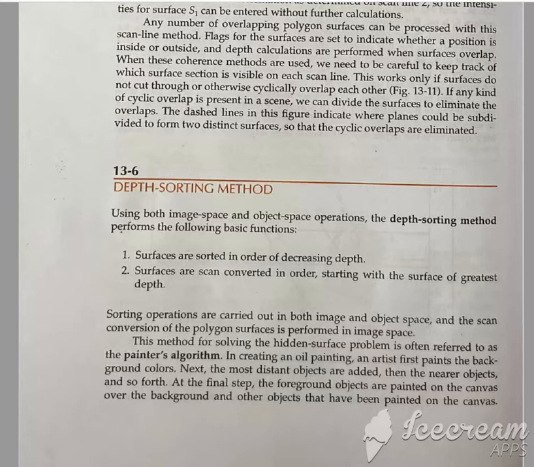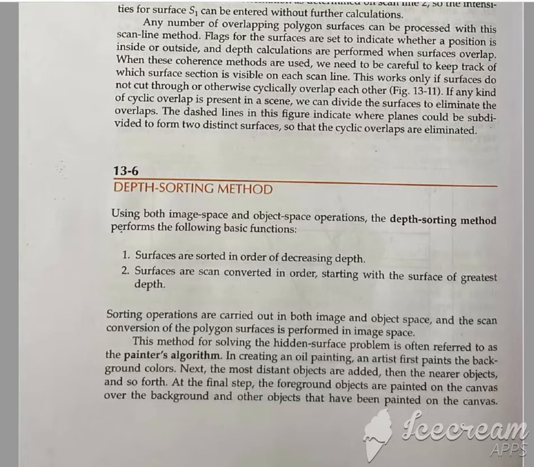Each layer of paint covers up the previous layer. Similarly, we sort surfaces according to their distance from the view plane. That is, the intensity values of the furthest surface are entered into the refresh buffer, taking each succeeding surface in turn, replacing the intensity of the previously processed surfaces.